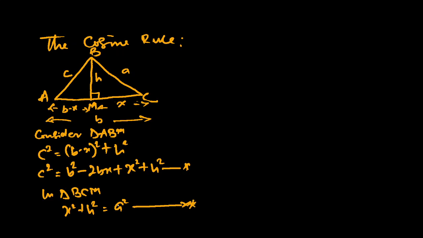Now if you look at equation 2, before I move on, I can as well look for the cosine of c. If I'm looking for cosine of c in this same triangle, it will be adjacent over hypotenuse, right? So the cosine of c is equal to x all over a.